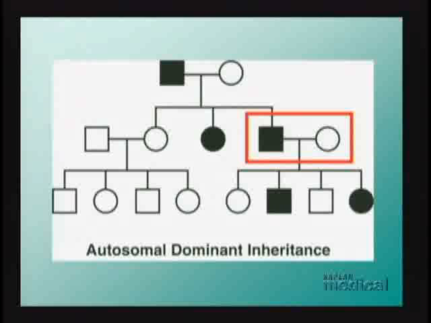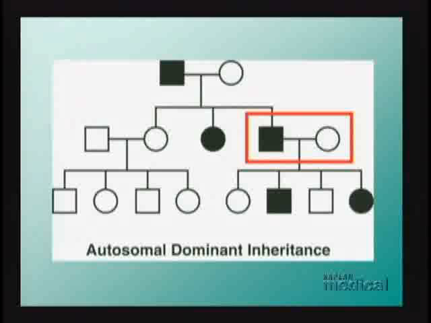The other member of the couple, in this case the father, is affected by the disease, and he is heterozygous for that disease. You can tell that he is heterozygous by looking back at his parents. He must have inherited the copy of the mutation from his father and a normal allele from his mother.